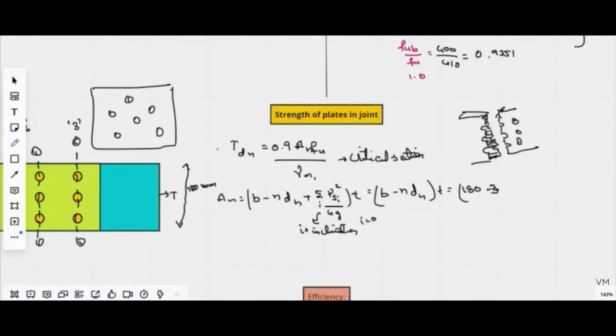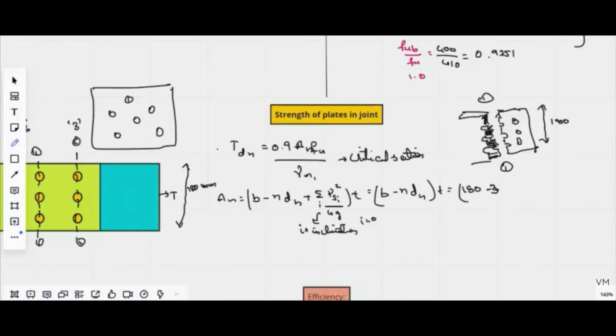If you are going to take section 1-1, this is my fractured surface, the one what I have highlighted here. So the total width of this plate is 180, and I can see here the bolts where I have to remove, as there is nothing here.